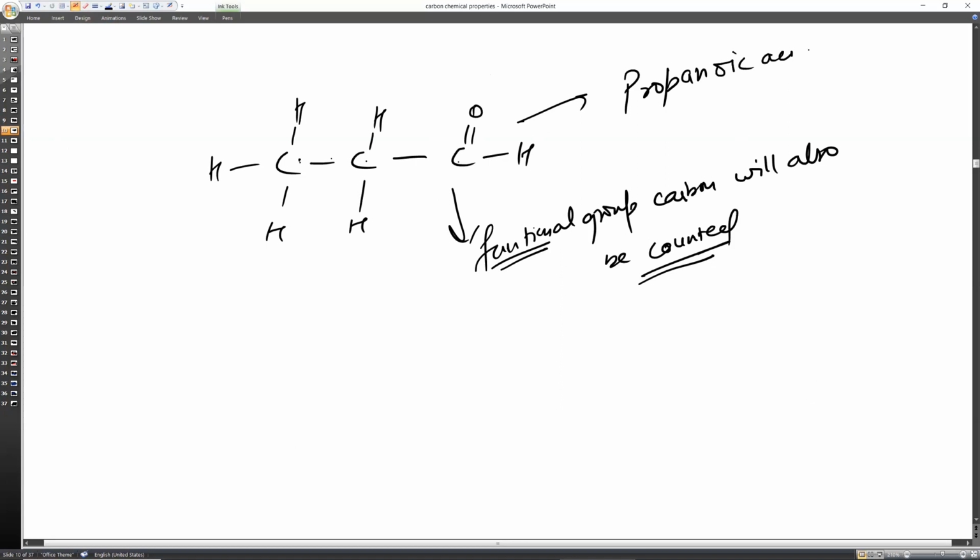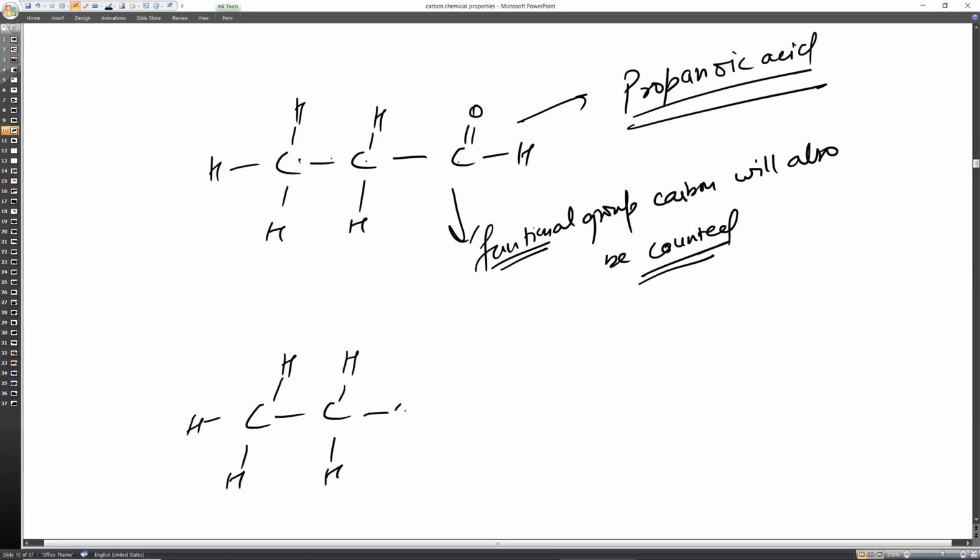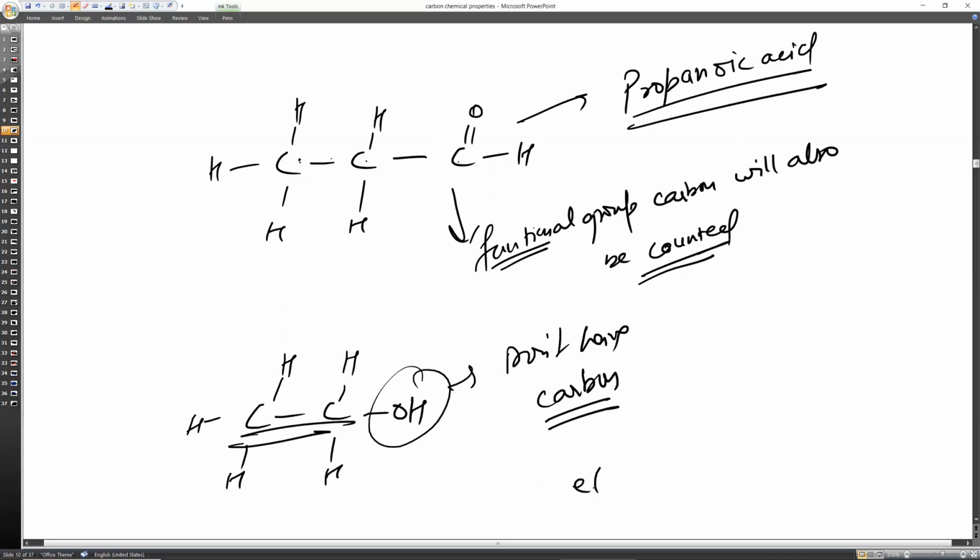The name of this one will be propanoic acid. But if we take the same chain and this time we add an OH group, now this is alcohol, but this time it has 2 carbons, so its name would be eth for 2 carbon, ane, and then ol. Ethanol.